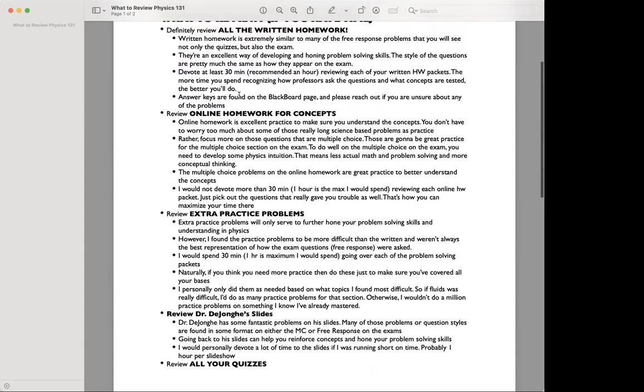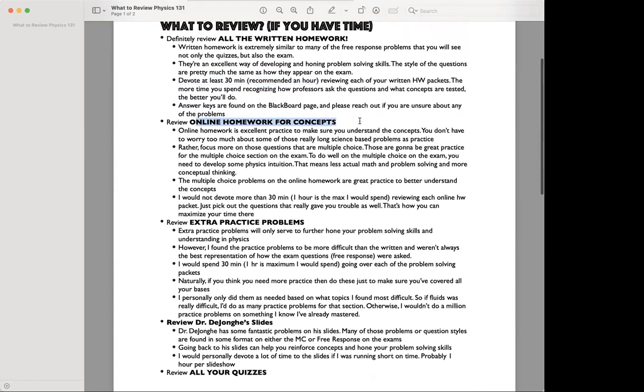Other than that, online homework is, like I said, really good for making sure you understand the concepts. I remember the online homework for last week had this huge problem about bacteria or something, with parts A through F. You'll never get that on an exam or a quiz. Those are just really long health science based problems, because this is physics for the life sciences.